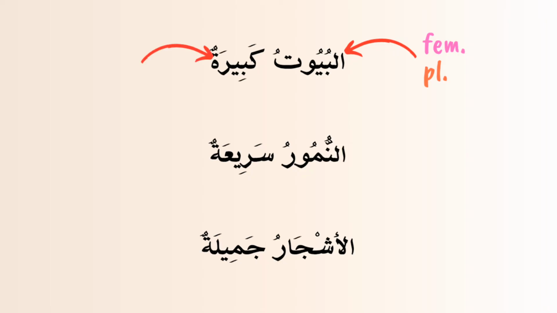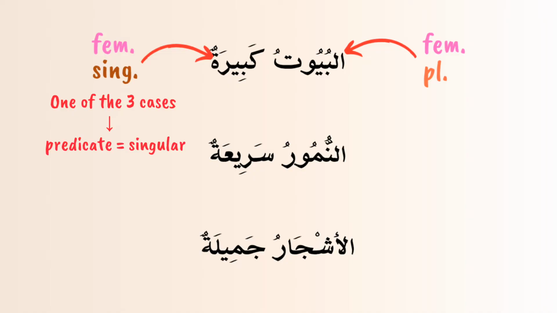Now, look at the predicate. It is feminine and singular despite the subject being plural. This is one of the three cases in which the predicate is singular even when the subject is plural. Since the subject is a non-living thing, the predicate does not agree with it in number and remains singular.